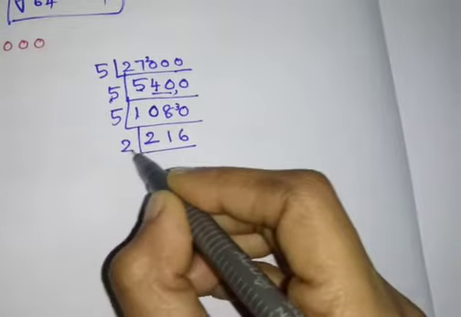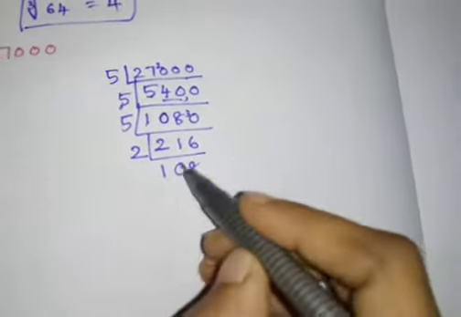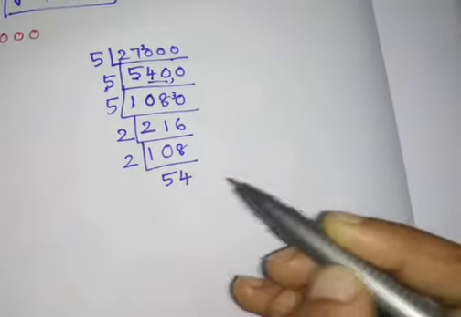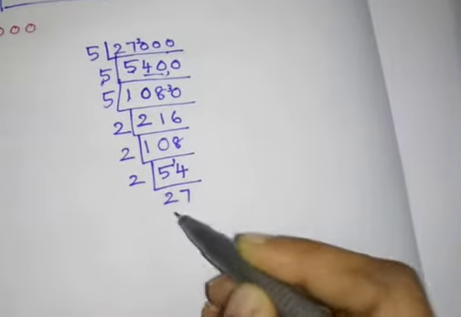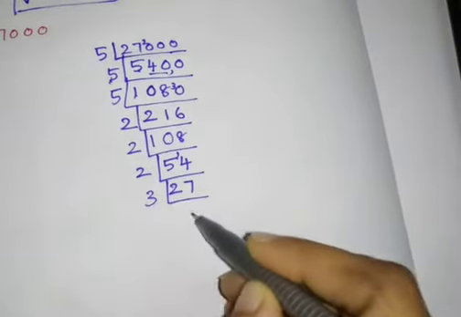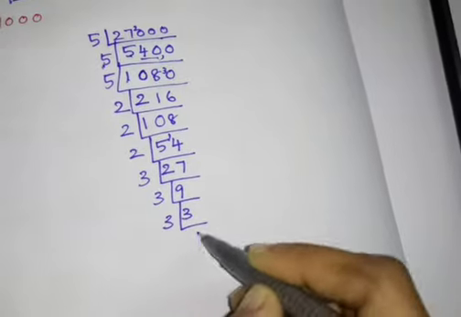Then in the 2 table, 2 ones are 2, then 0, 8 2s are 16. Then in the 2 table, 2 5s are 10, 2 4s are 8. Then 2 2s are 4, 1, 7 2s are 14. Does it come in the 2 table? No. Then the third table, 3 9s are 27, then 3 3s are 9, then 3 1s are 3.